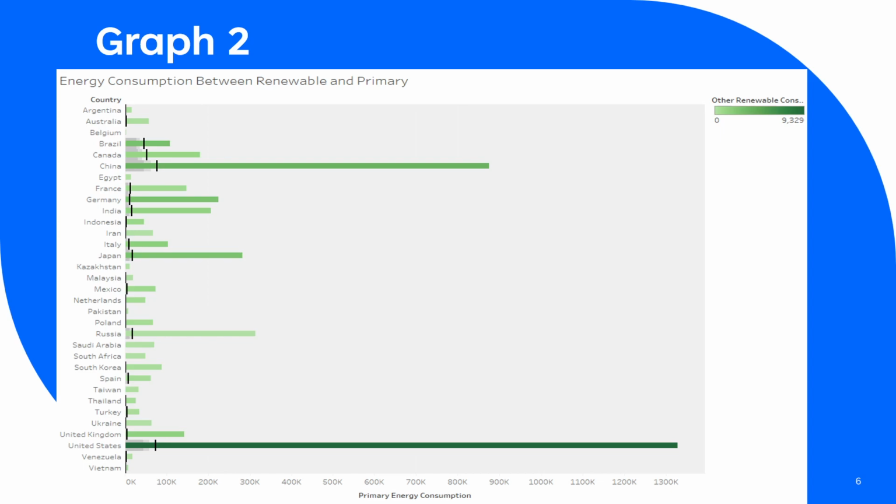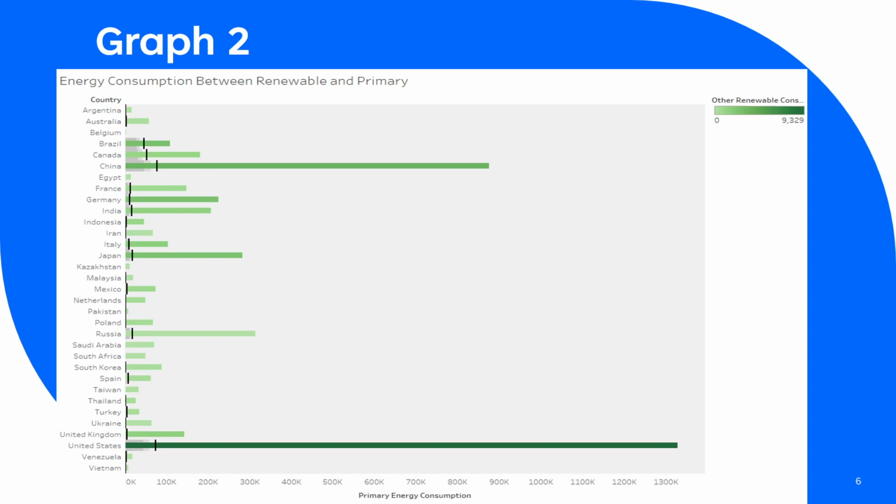And then the bars in gray and darker gray filling around the bars show how much renewable energy is actually used in relation to overall primary energy consumption, as well as the darker the bar, the more of other renewable energy is used, because this data set splits it into two different forms.